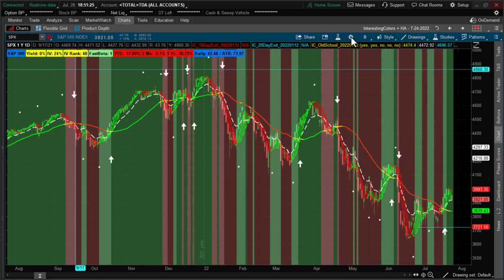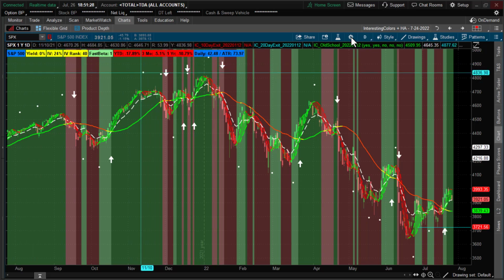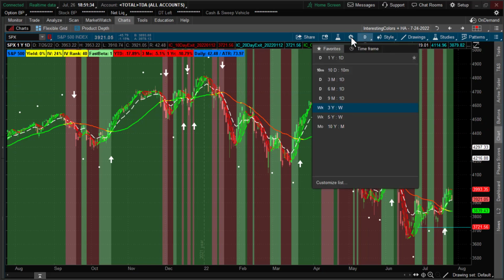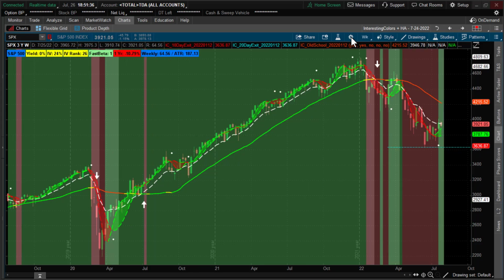And the answer is you're going to get more white dots on the daily chart because it's more volatile. But as soon as you switch to a weekly chart, so I've gone from 1 year to a weekly chart, you can see that the white dots drop out significantly.